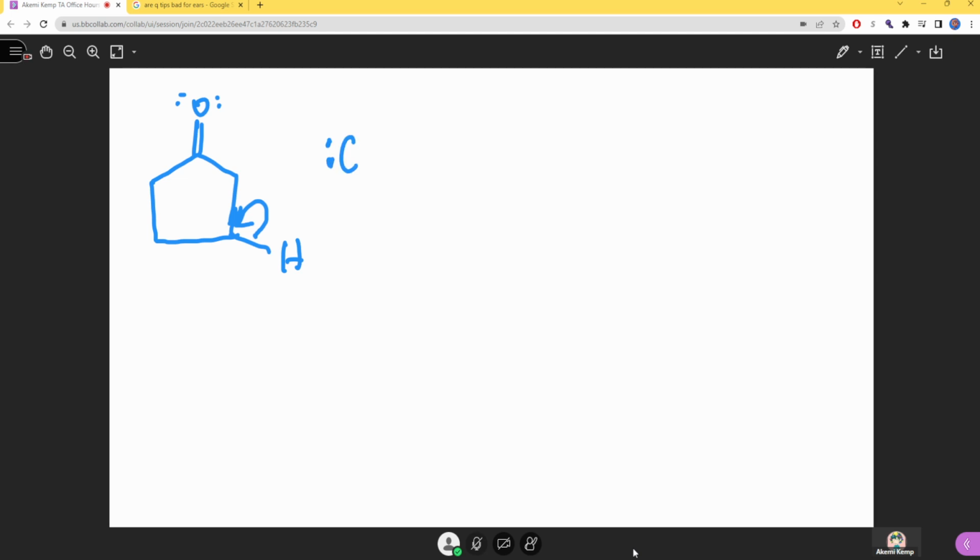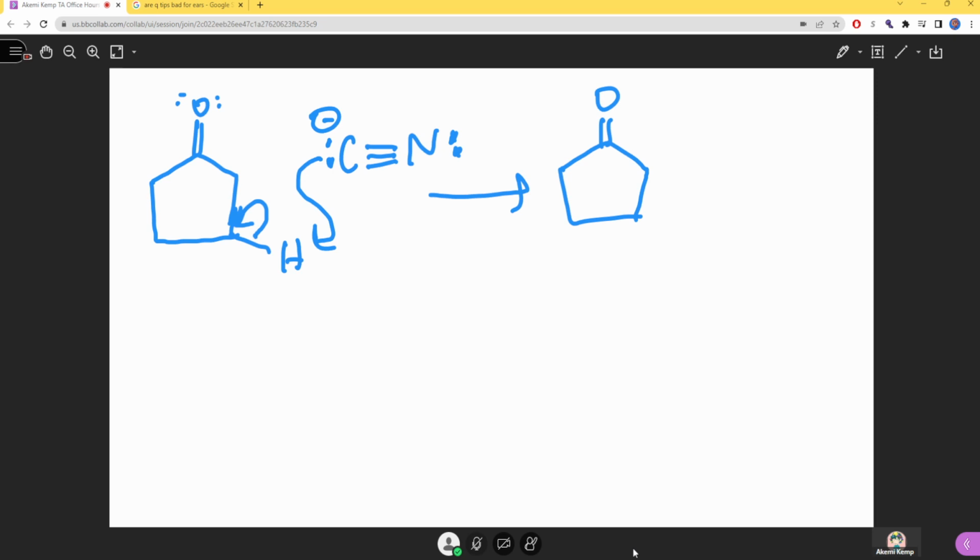Then you had negatively charged CN, and this is known as cyanide. And then you formed, so this is reaction A.